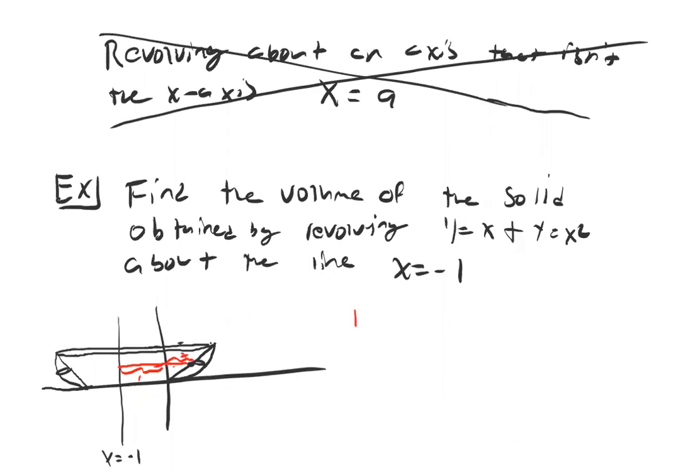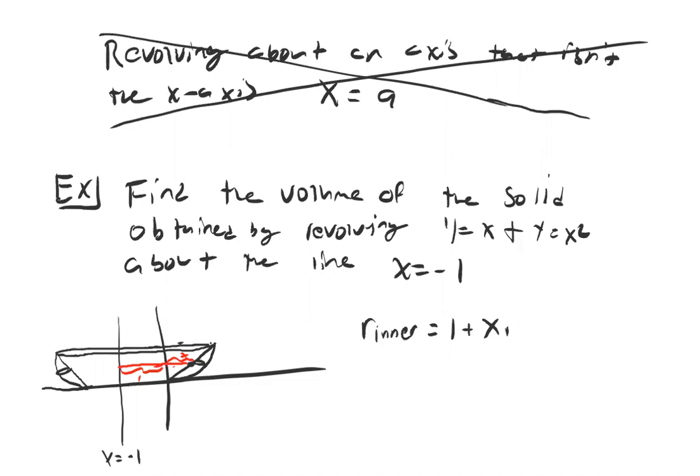So the inner radius, and I'm going to start calling it that because that makes more sense, is going to be 1 plus x, the x distance to here.